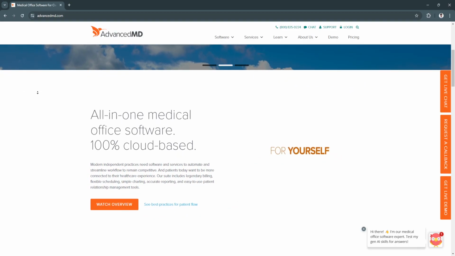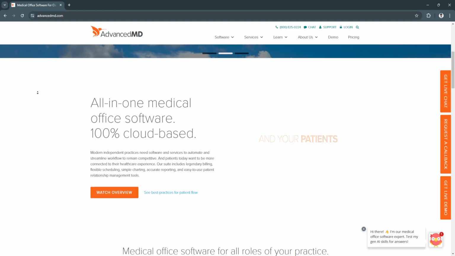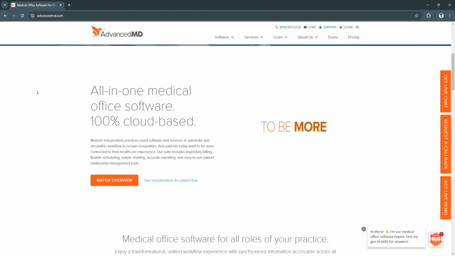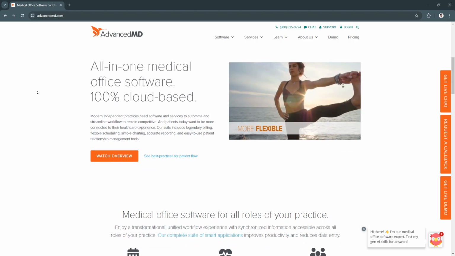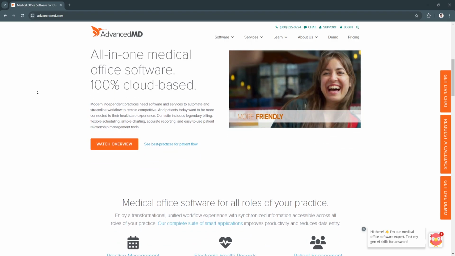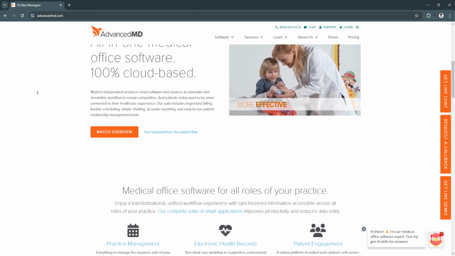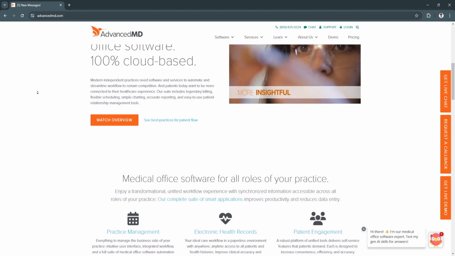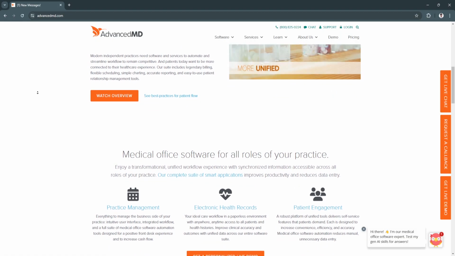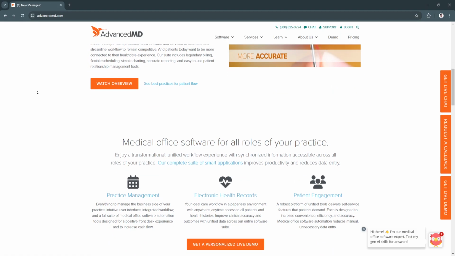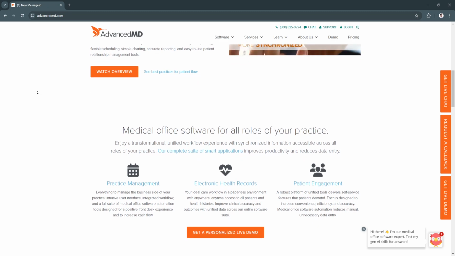Built with scalability in mind, it suits practices of various sizes, from small practices to larger, multi-specialty clinics. By utilizing AdvancedMD, practices can reduce administrative workload, improve patient engagement, and ensure accurate, compliant records.